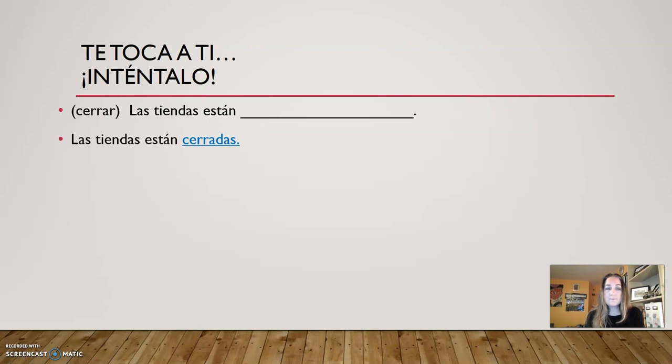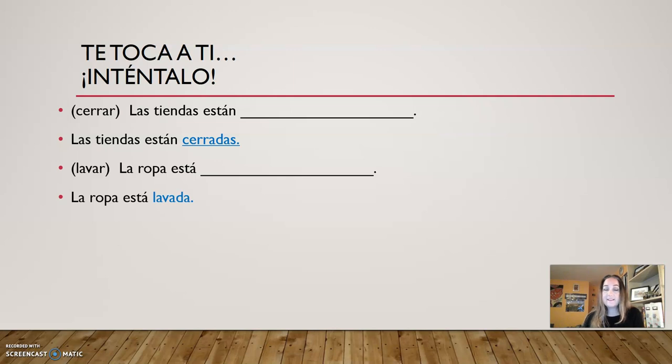The past participle is cerrado, and then I make it feminine and plural to match tiendas. La ropa está lavada. Lavado is the past participle. Ropa is feminine, so I make it match in gender, lavada.